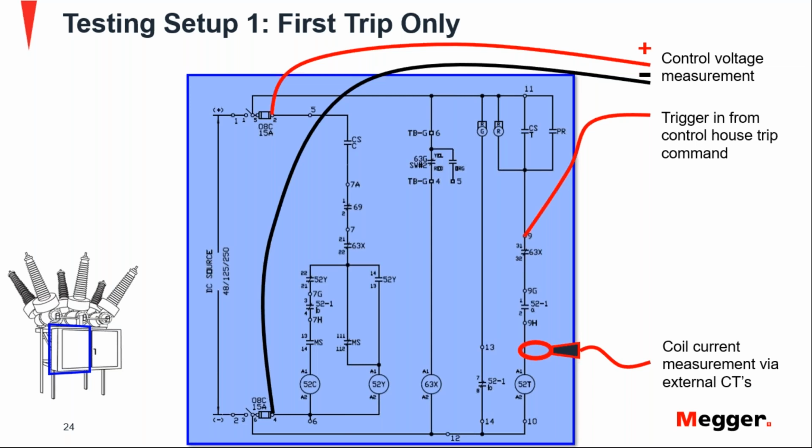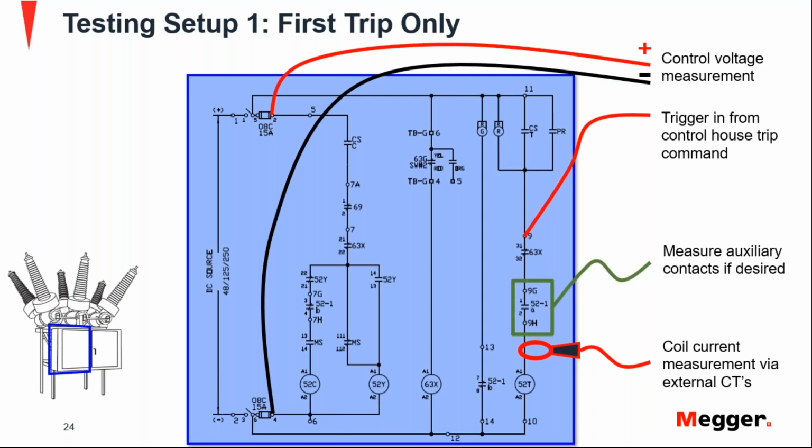So this connection is just to monitor for that signal that is coming from the control. As soon as there's a command here and that command gets here, the instrument will be activated to record everything. That timer that I was mentioning at the beginning will be activated, and all of the analog channels will be measuring whatever they need to measure, the current and the voltage. So that is the first connection.